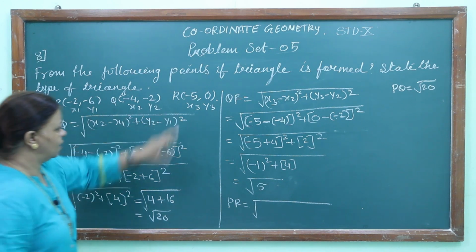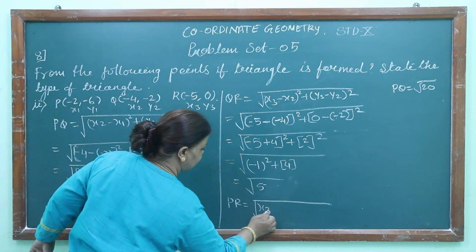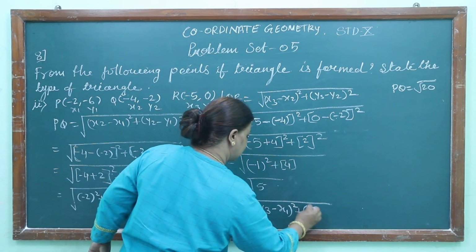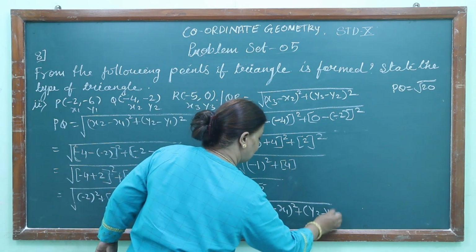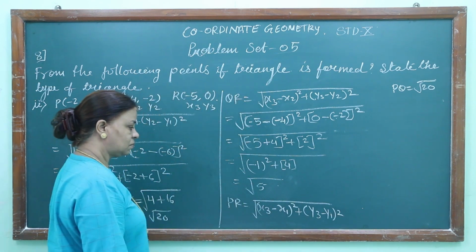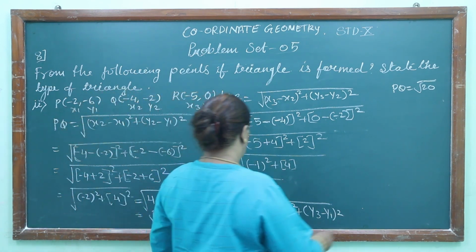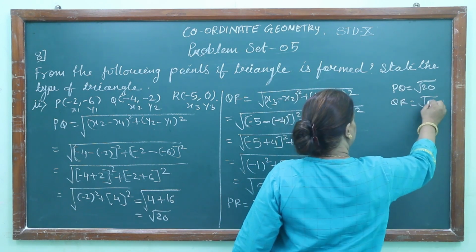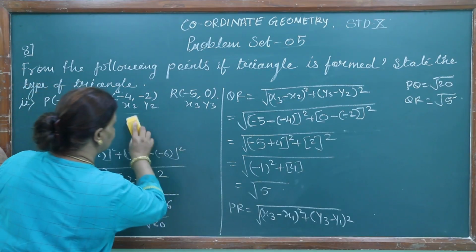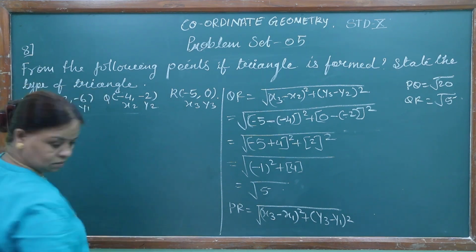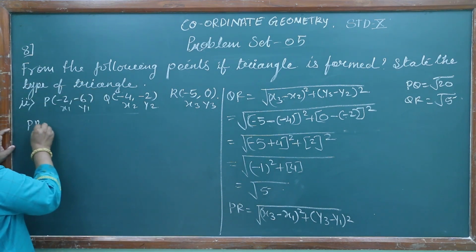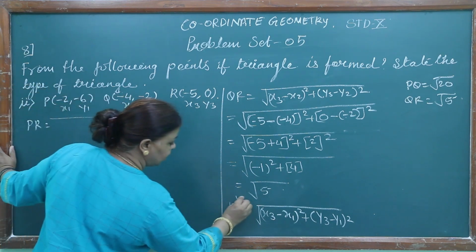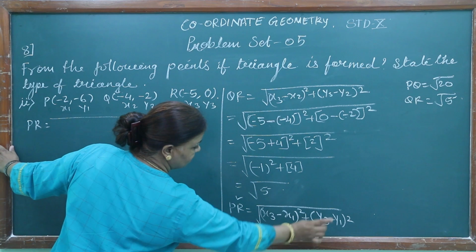Now let us find out PR. P and R. x3 minus x1 the whole square plus y3 minus y1 the whole square. So let me write here QR as under root 5. Now children, we will find the distance PR. PR is equal to, we have already done, x3 minus x1, y3 minus y1.